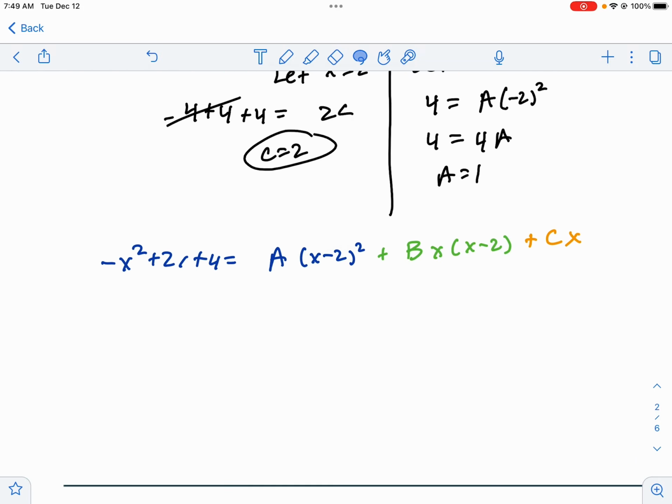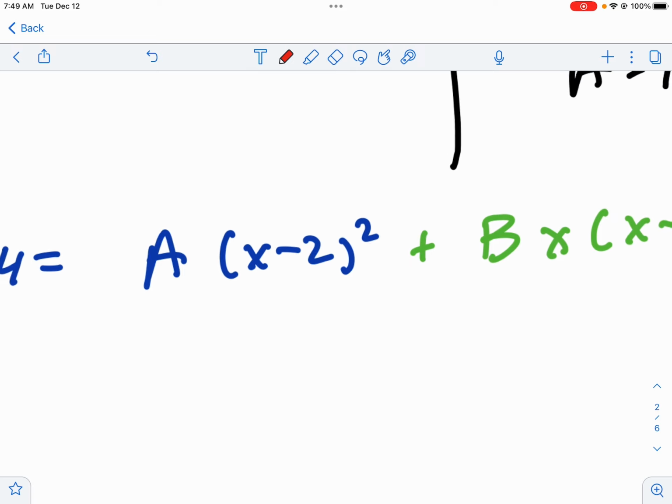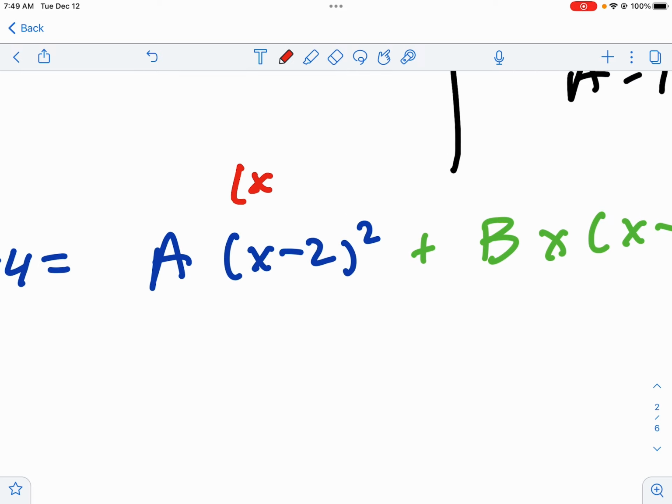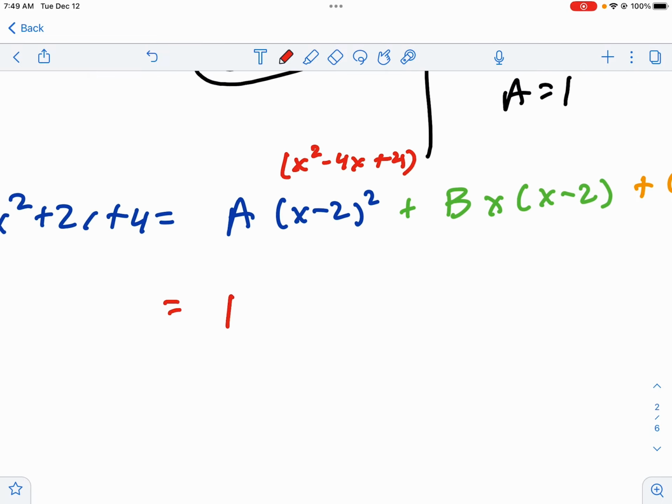So let's say I have this. I'm going to distribute. Before I do that, I know that this is x squared minus 4x plus 4. So then I have ax squared minus 4ax plus 4a.